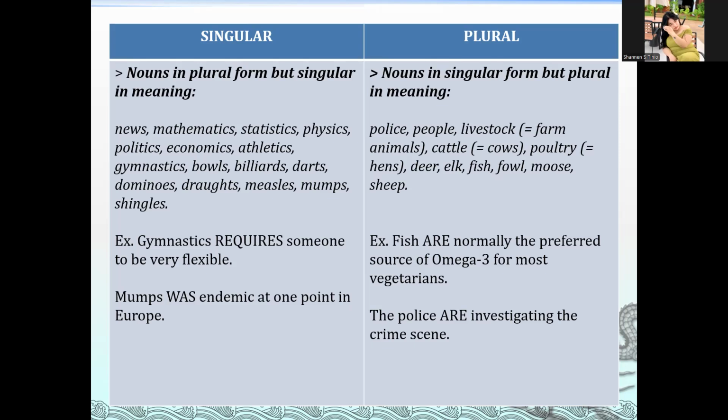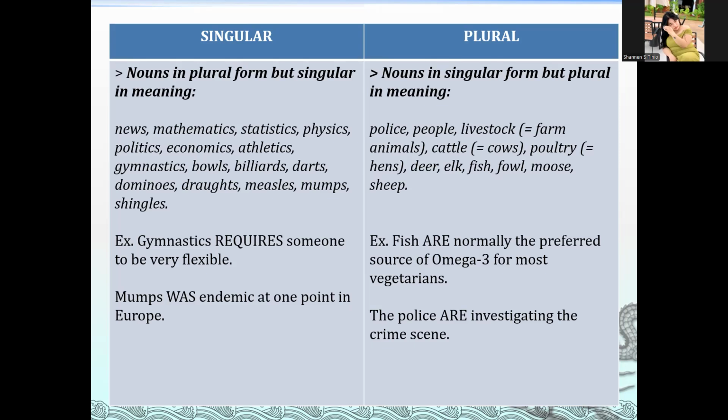What if I say the bosses? The bosses require or requires someone to be very flexible? The bosses naging plural na siya.